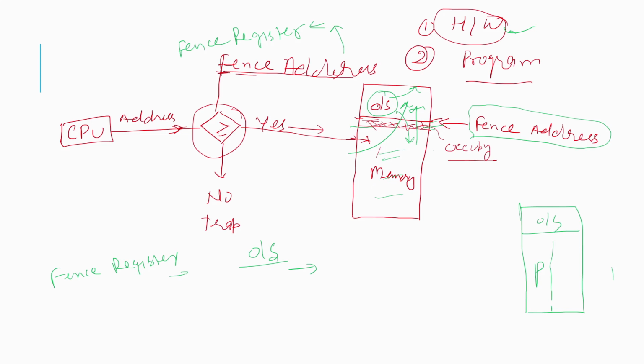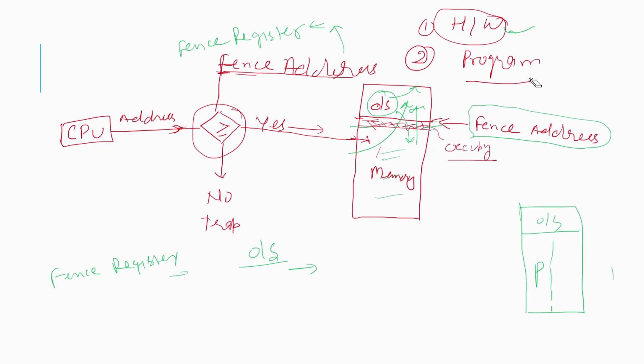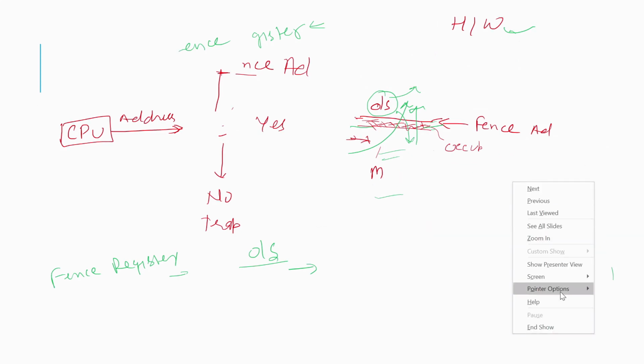For multiple user programs, we have another mechanism. Let us see how multiple programs can be kept here, so we can run multiple programs in the same single user space.